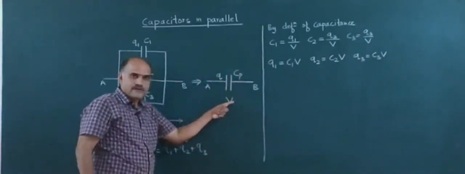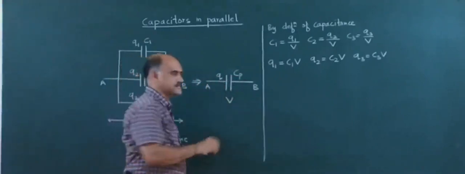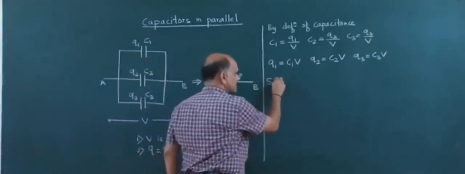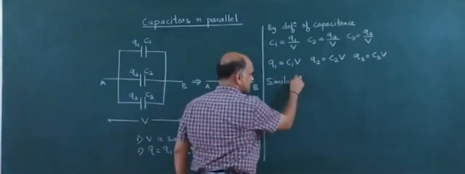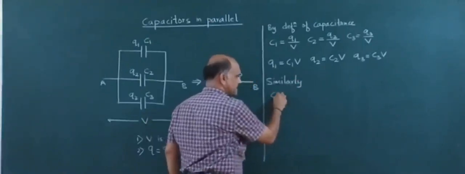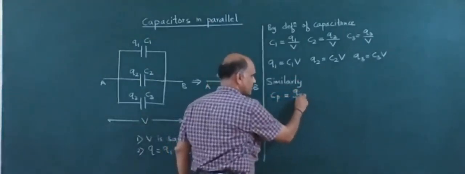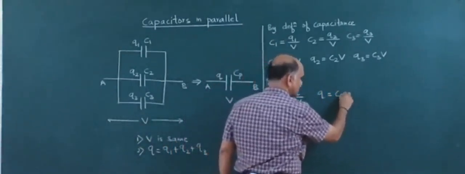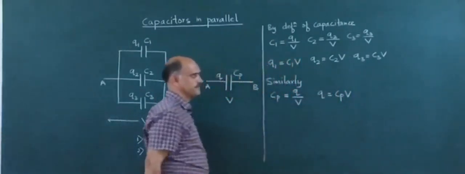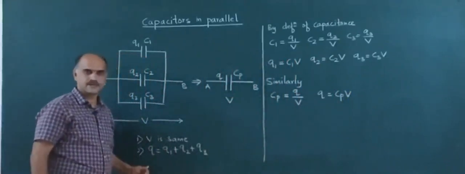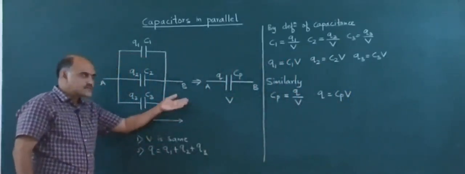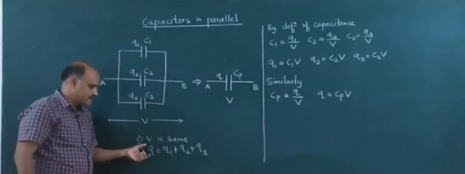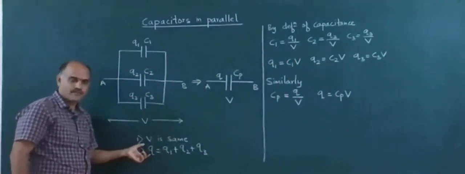Similarly, now I will write for equivalent capacitance. Cp is equal to Q by V, or I can say Q is equal to Cp into V. Now substitute all of those values in the condition for parallel.